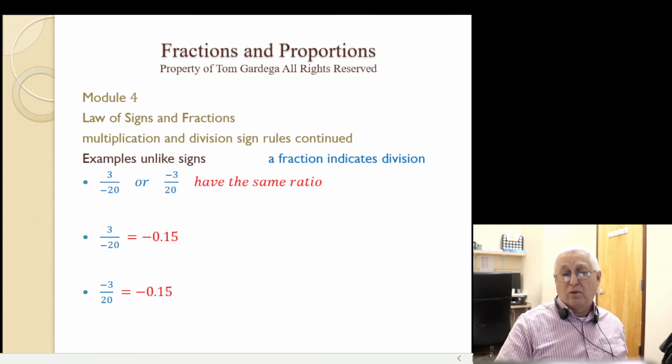A positive divided by a negative, the answer would have to be negative, and a negative divided by a positive, the answer would have to be negative. 3 divided by 20 is still 0.15, minus 3 divided by 20 is still 0.15. The results are the same, negative.